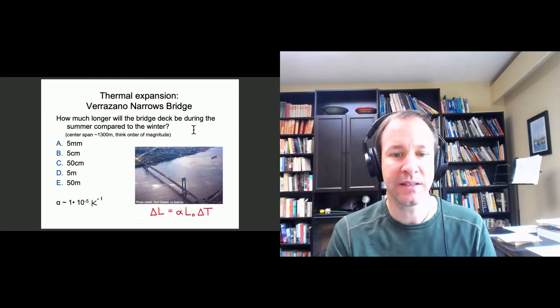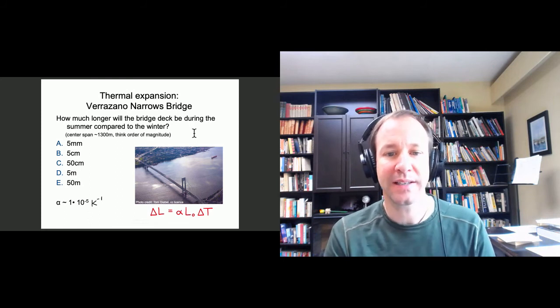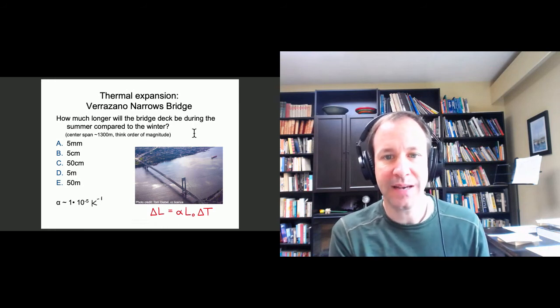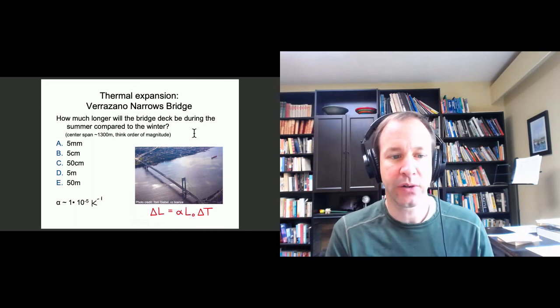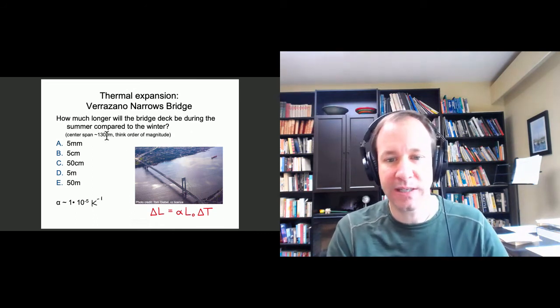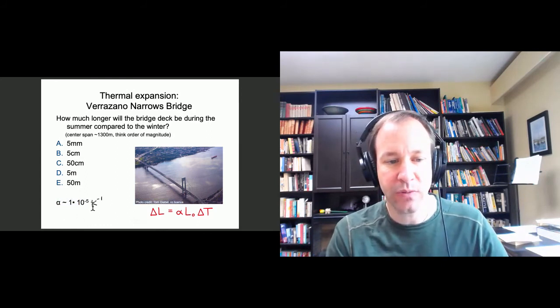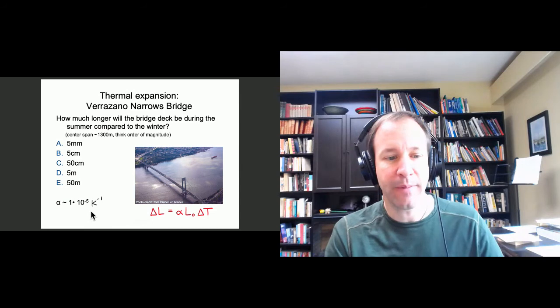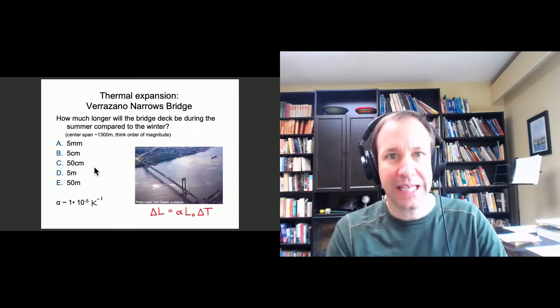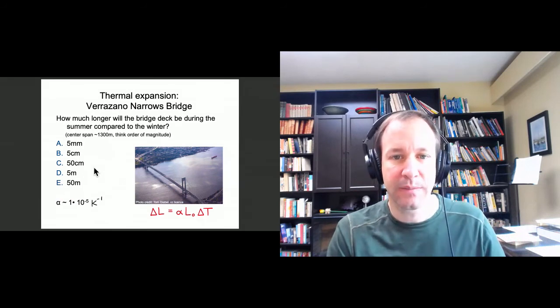And this bridge is in New York, so that's a city with relatively warm summers, snow in the winter, freezing temperatures. Using that information, and the information that the bridge is about 1 kilometer long, and that for the materials of the bridge we're going to assume that alpha is about 10 to the minus 5 inverse Kelvin, think about how much this bridge is going to expand.